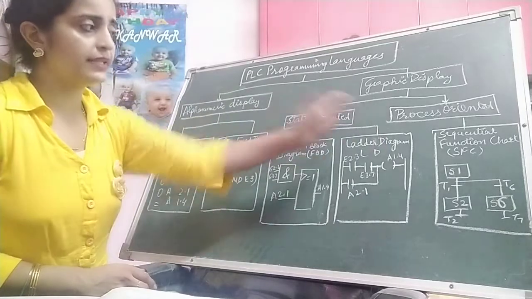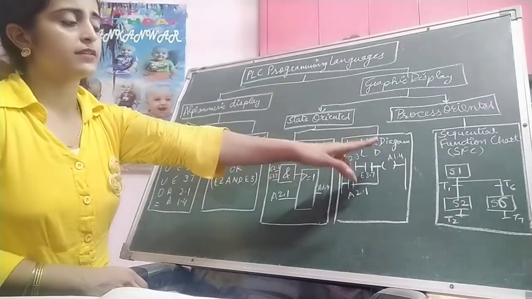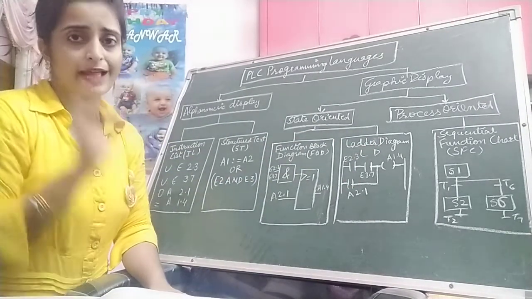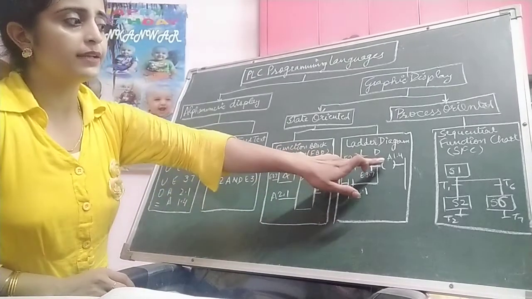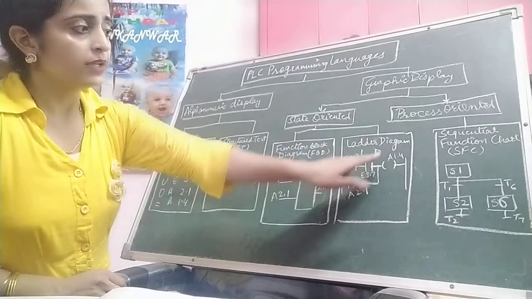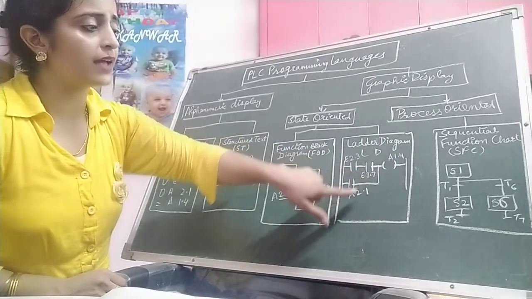Then the next one, in the state oriented graphical display languages, the second one is the ladder diagram. The most popular programming language that is being utilized for programming the PLCs is the ladder diagram, and in the ladder diagram we use these kind of components in between. This is used for the motors or the outputs or the lamps, and these are the gates.